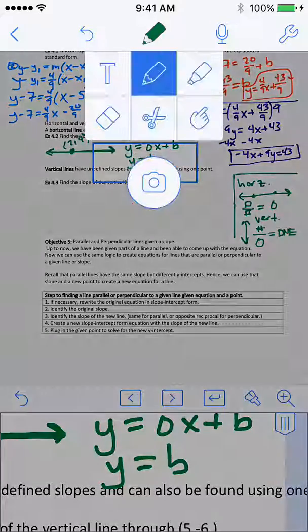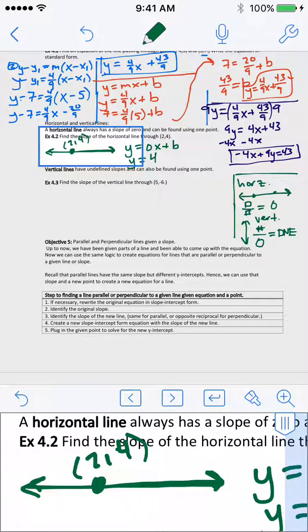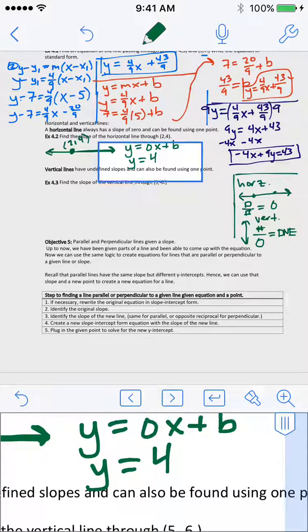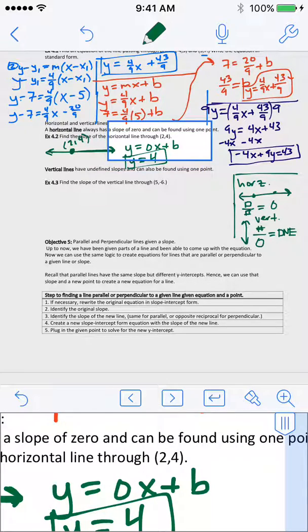That's right, it needs to be 4. If the y wasn't 4, then it wouldn't go through (2, 4), right? The y value has to match. Remember, this is the line that goes through everything where y equals 4. So to find the equation of a horizontal line that goes through a point, you just look at the y value.